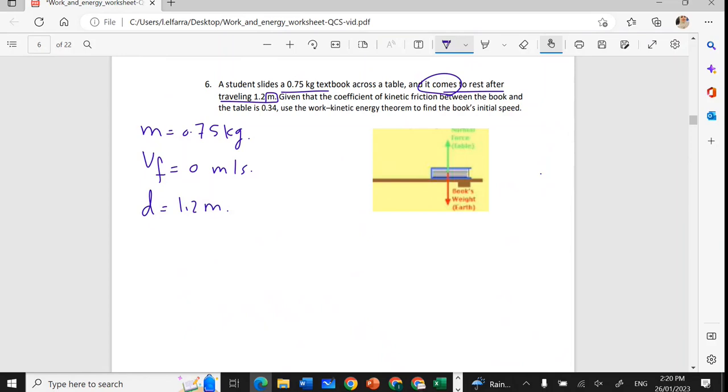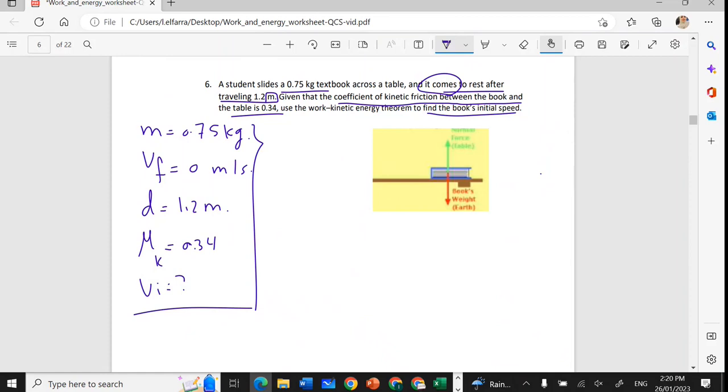Given that the coefficient of kinetic friction between the book and the table, mu k, equals 0.34, use the work energy theorem to find the book's initial speed. We need the initial speed for the book. Now the book will stop eventually, and there is a friction force.